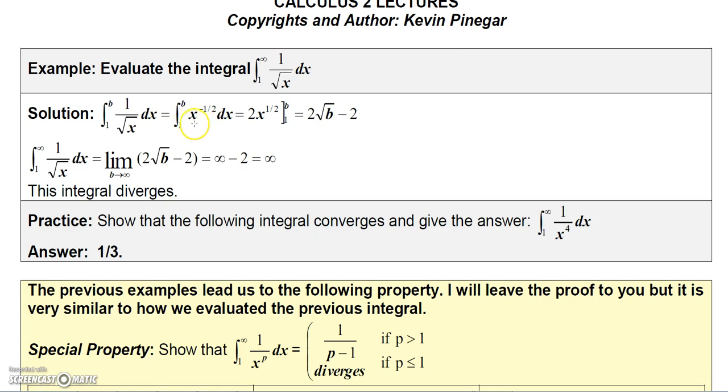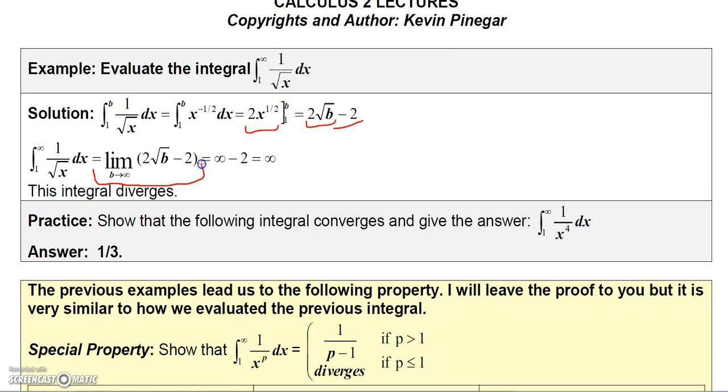And when you integrate x to the negative 1/2 using the power rule, you'll get 2x to the 1/2. Since we're evaluating this from 1 to b, if I evaluate this at b, I just get 2 times the square root of b. And if I evaluate it at 1, I just get 2, so I get 2 times the square root of b minus 2.